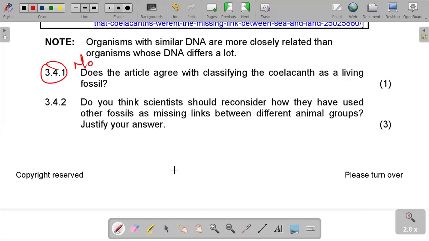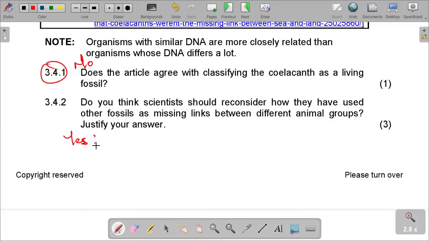Question 4.4.2: do you think scientists should reconsider how they have used other fossils as missing links between different animal groups? Justify your answer. I can give different answers in this regard. The first one, I can say yes.